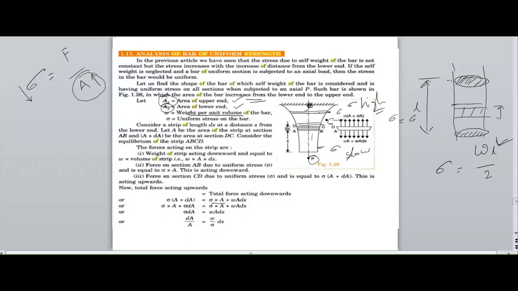So I need the relation of how much the area needs to be decreased to achieve equal strength or stress at each and every position. That is the condition here. I need an equal stress at any location of my length.